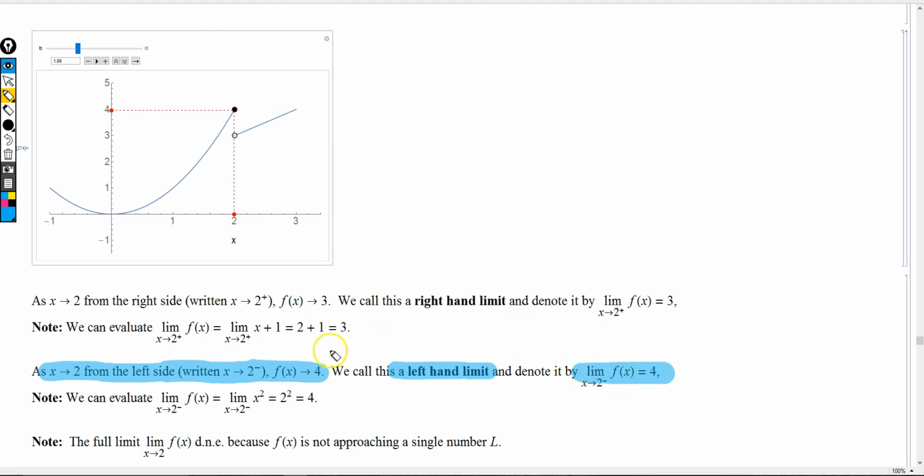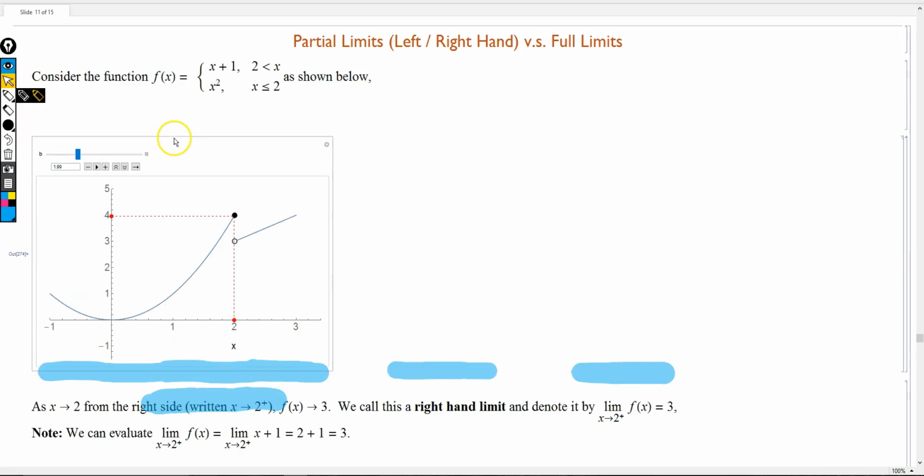Now notice we can evaluate this 4. We looked at it graphically up here, but we could evaluate it by just writing limit as x approaches 2 from the left equals limit as x approaches 2 from the left of x squared. Notice that for x less than 2, f of x was defined to be x squared. Just look back up here at the way the function was defined.